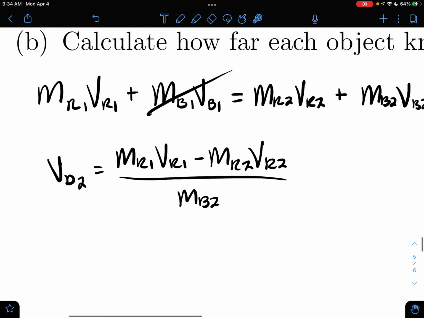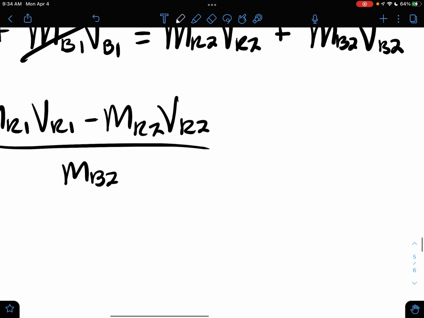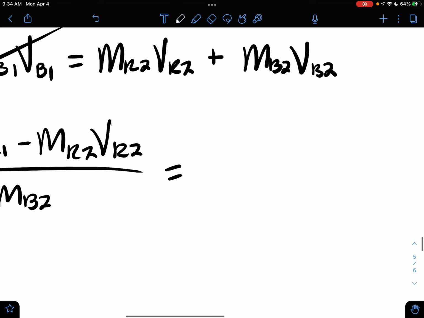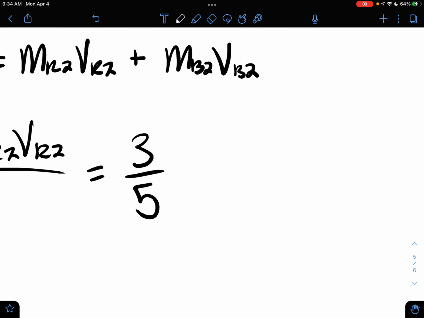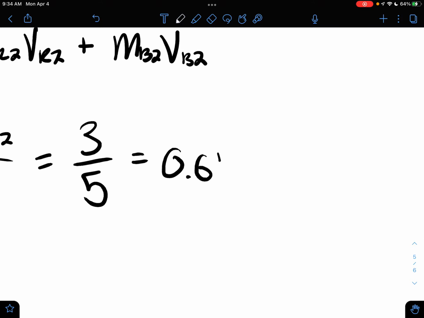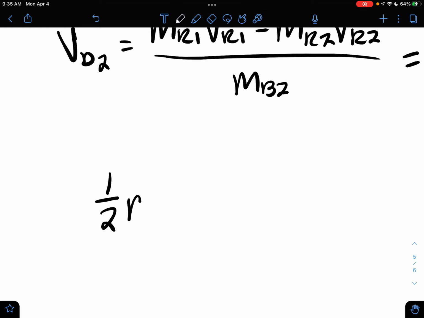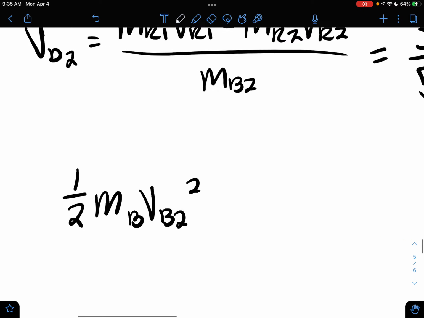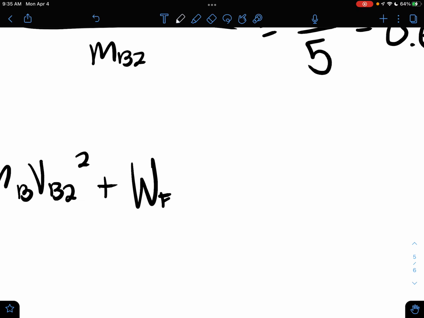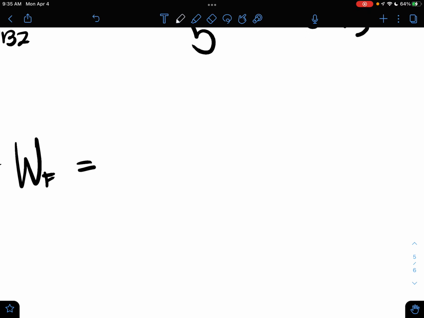Okay. So now, solving all this out, if we plug in some numbers and punch them into our calculator, we get 3/5, which is 0.6 meters per second. And now we do our 1/2 mb VB2 squared plus our work done by friction equals 1/2 mb, I'm going to call this V3 squared, and then it's still the box.